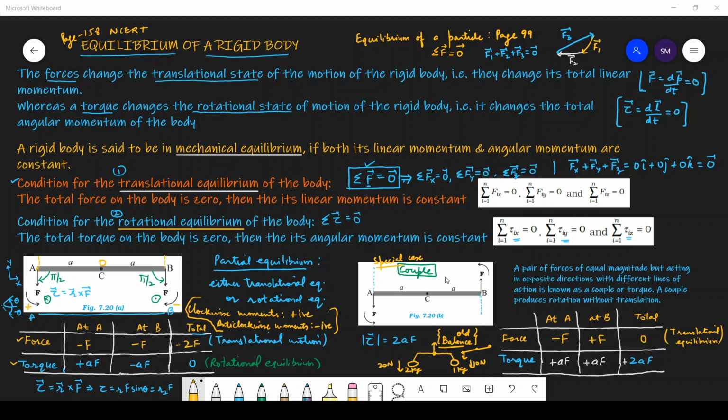So simply you have to apply downward forces at both the ends, so it will come down, from both the ends, first figure. So you are applying a downward force at both the ends. Now what about figure B?